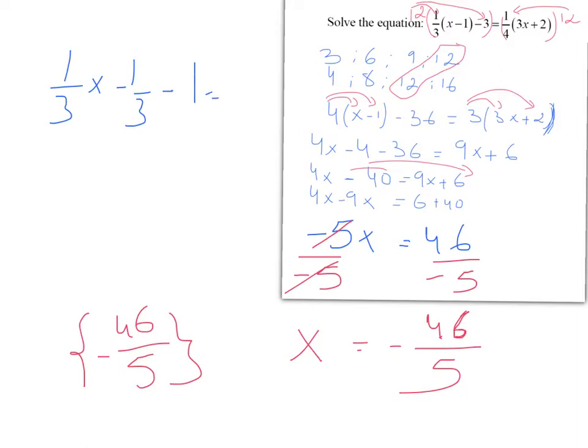We multiply 1 over 4 times 3x, which is 3 over 4 x, plus 2 over 4, which is a half. And then we solve for x. So there are many ways to solve this problem, but this is one of the best ways to make it easy for you, eliminating fractions and then solving a normal equation.